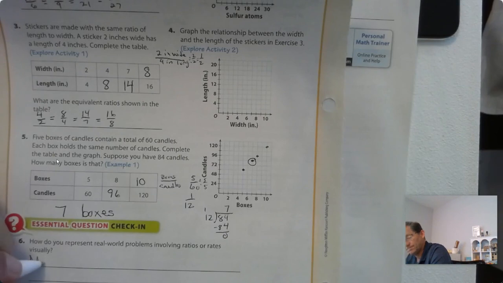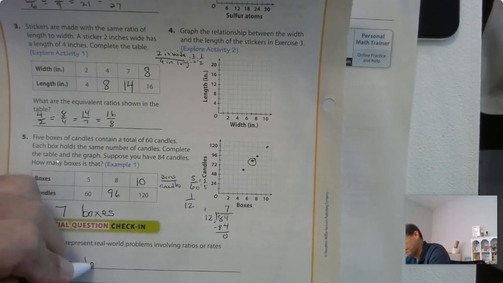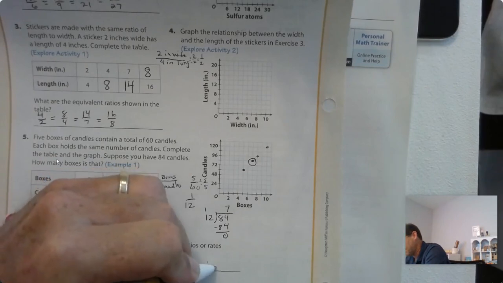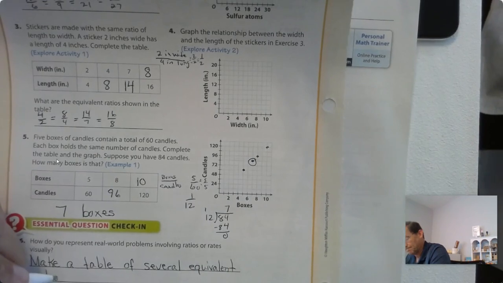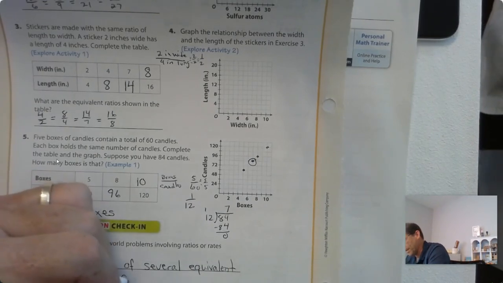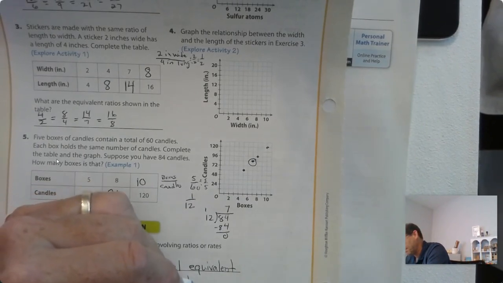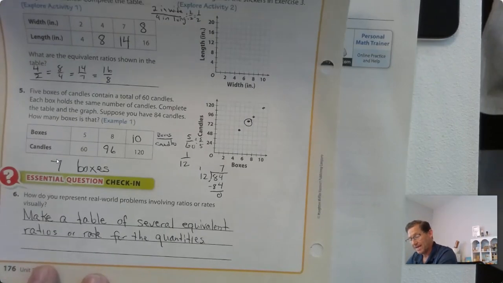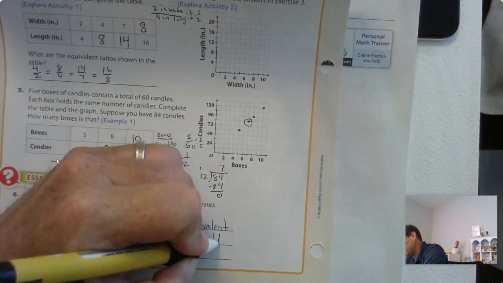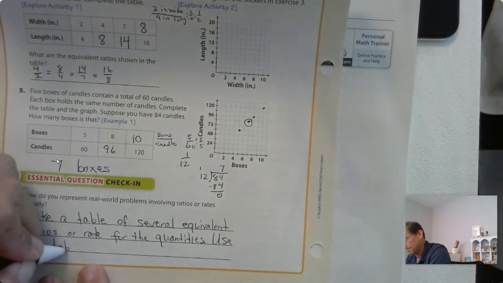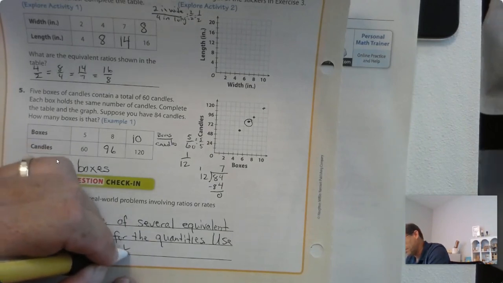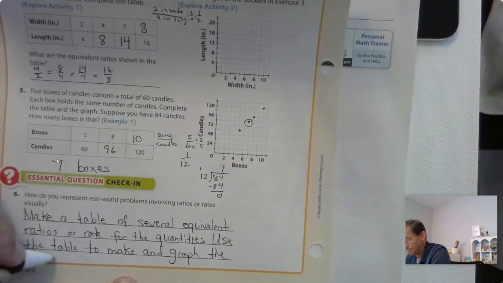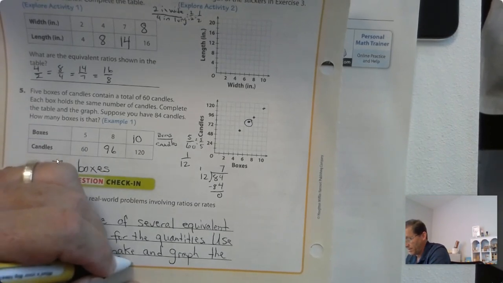Well, we would make a table of several equivalent ratios or rates for the quantities, and then we're going to use the table to make and graph ordered pairs. And then, if appropriate, connect the points.